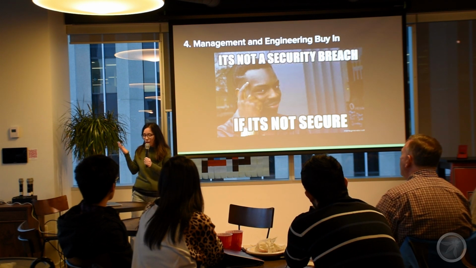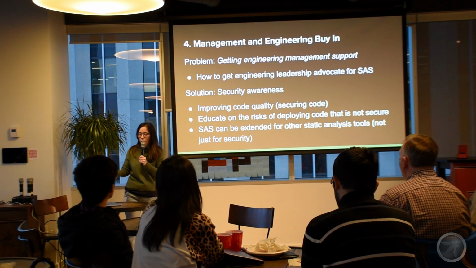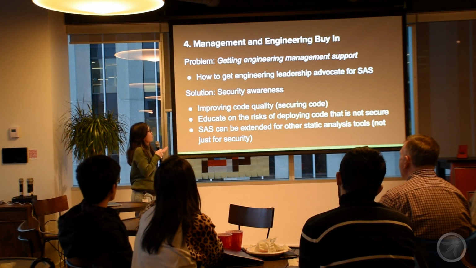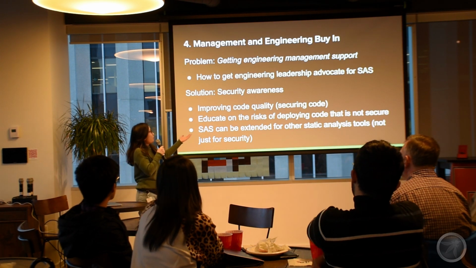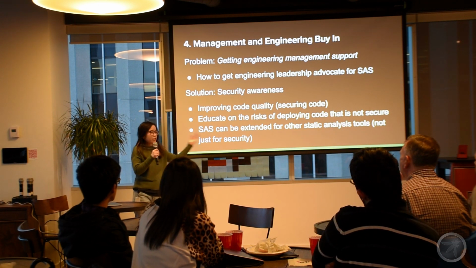So I realized, okay, I've got to educate the management and execs. So how exactly would I get that support and have them drink the SAST Kool-Aid, essentially? So just security awareness, like this is just basic code quality. You're trying to improve code, you want to secure it.